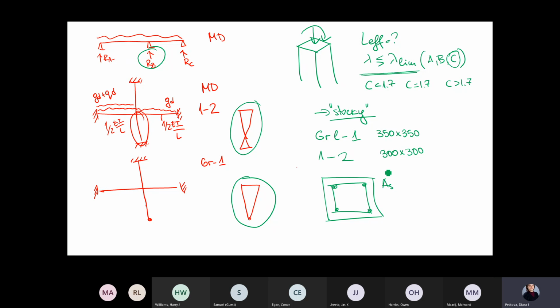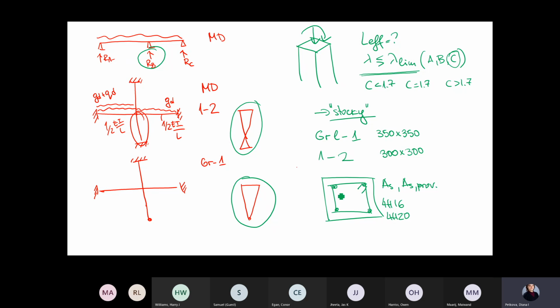So you have your As and you choose your 4, let's say 4H16 or 4H20. You wouldn't expect a very significant moment from this analysis, so I'll probably have the minimum percentage of reinforcement: 4H12, 4H16, 4H20. Even 20 is probably very unlikely to be required.